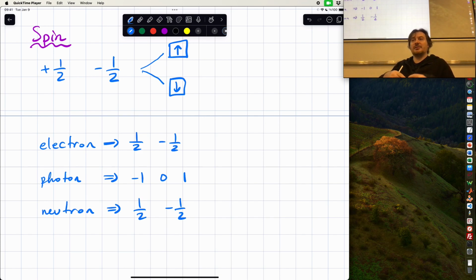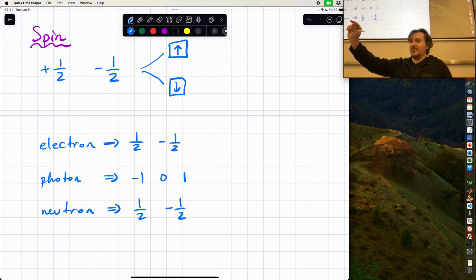They realized that the only way to explain, let's say, the Stern-Gerlach experiment and other stuff, some atomic physics. For example, you apply a magnetic field, okay? Actually, this is a way simpler explanation than anything else. You apply a magnetic field and you see splitting in the energy levels, right?